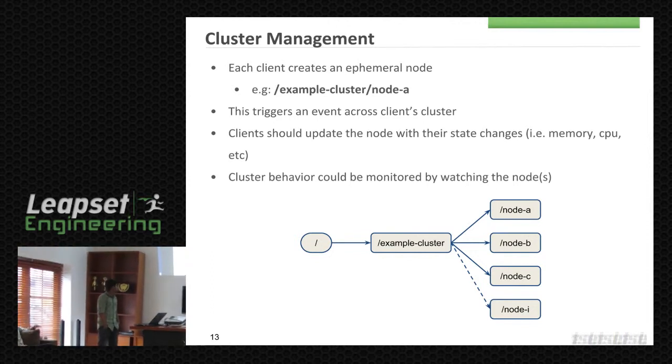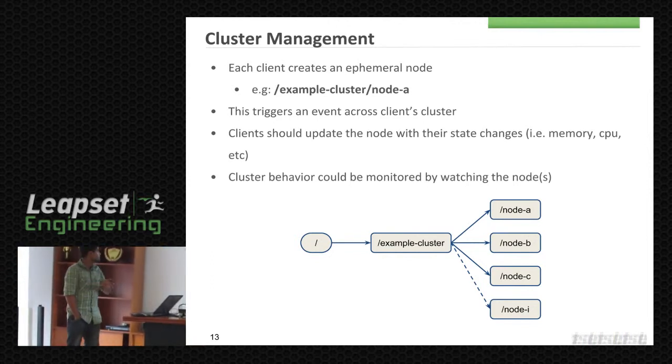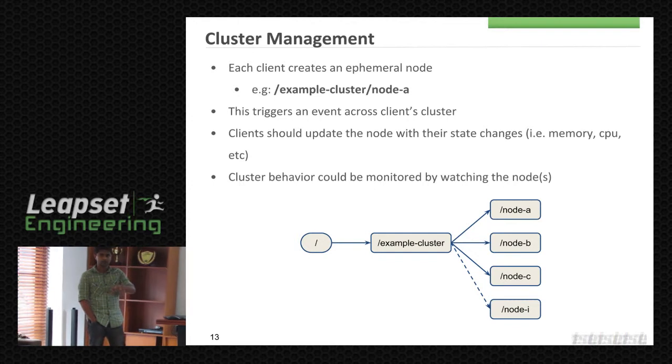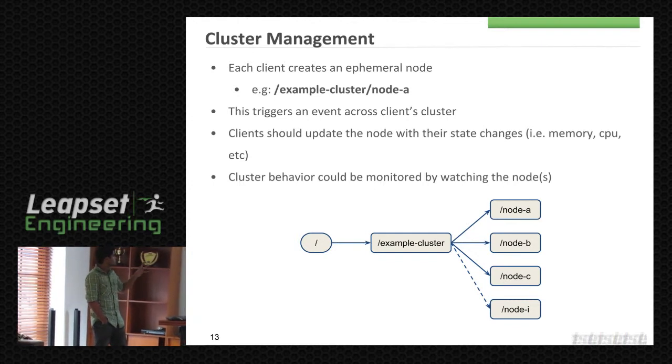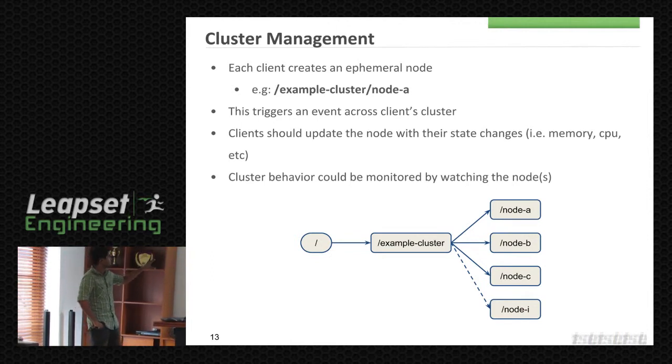We look at a couple more use cases briefly. One is cluster management. The nodes in the cluster have to come to a pre-agreement on what sort of hierarchy they will maintain their nodes in. Here we have the root, then a node called the cluster name, which I have named example cluster, and then we have children of that, the znodes, named A, B, C depending on the client name.